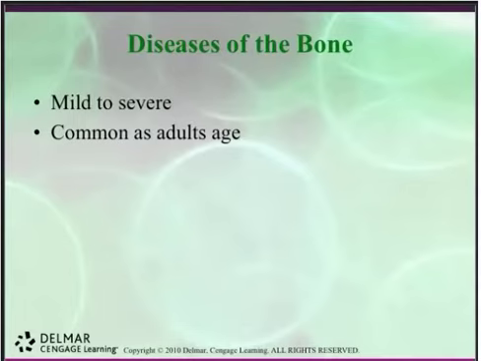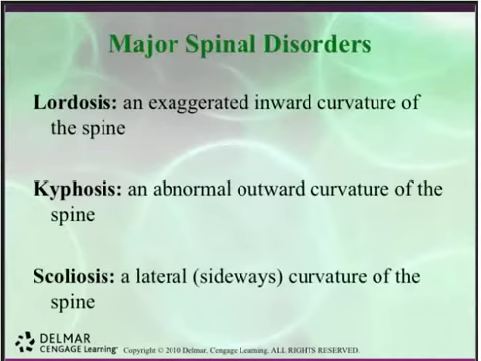Okay, bone diseases can be mild to severe, and they're common as adults age. One of the areas of the skeletal system that is often affected by bone disease is the spine. So, lordosis is an exaggerated inward curvature of the spine.